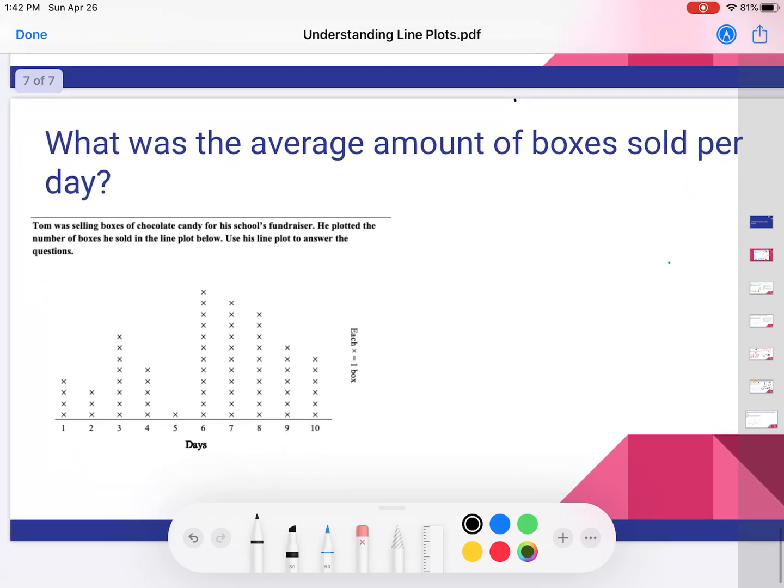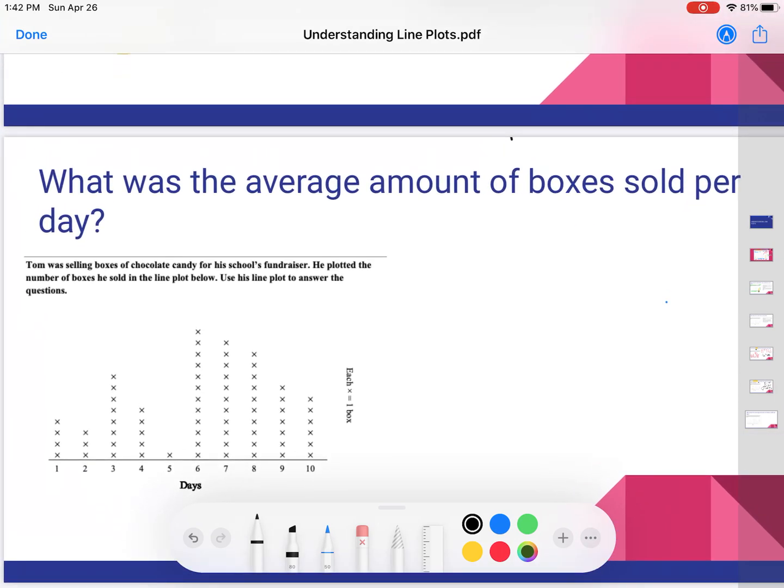Let's look at our last question. What was the average amount of boxes sold per day? Take the time now to think about what clue word or target word tells us what operation we will have to use to solve this.